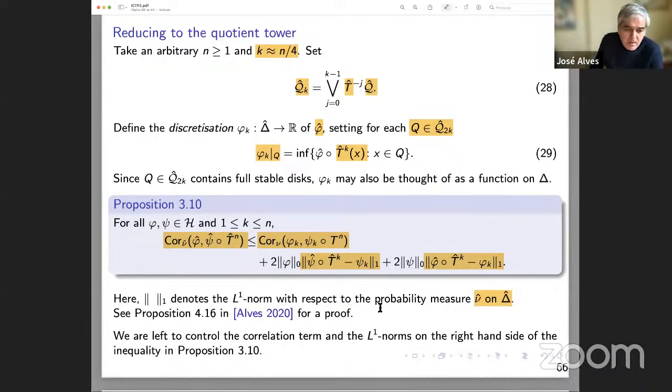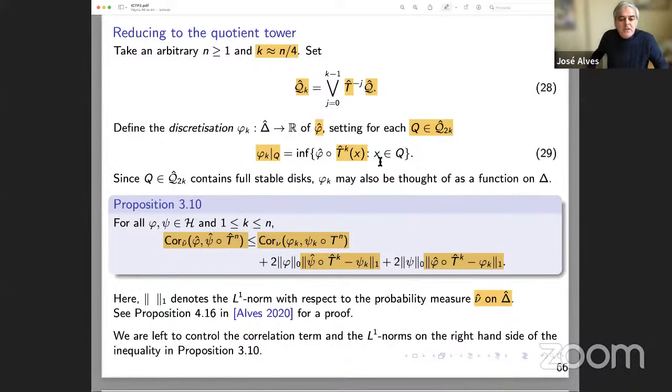And essentially it is psi hat evaluated on the k image minus psi hat. The idea is that this will be small, and it's not hard to believe that, since look at the definition of phi hat or psi hat.